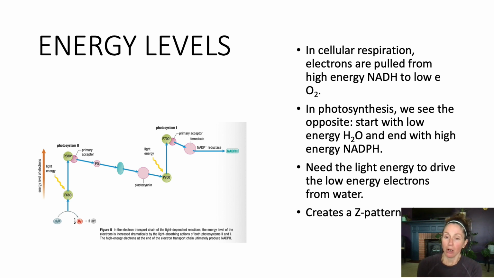That's the whole beauty of the photon of light. They're giving energy to a source that didn't have much energy to begin with. And so we see this kind of Z pattern of energy. So low energy, we get zapped. High energy electrons, as they move, they're losing energy, and they get zapped again at photosystem 1. So they have high energy again, and then that energy is stored as NADPH.